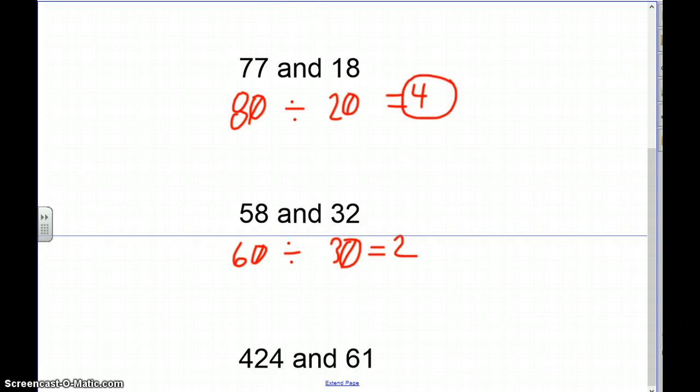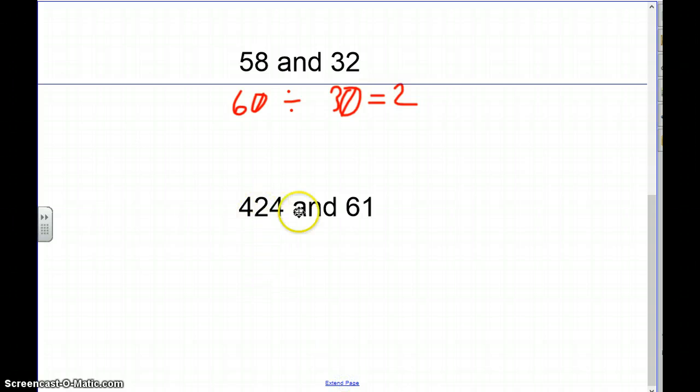Okay, well this example right here is a bigger number, 424 and 61. So I'm thinking of a fast fact, and it's a little bit more difficult, but what I'm thinking in my head is I know that 6 times 7 equals 42, okay? So what number is close to 424?